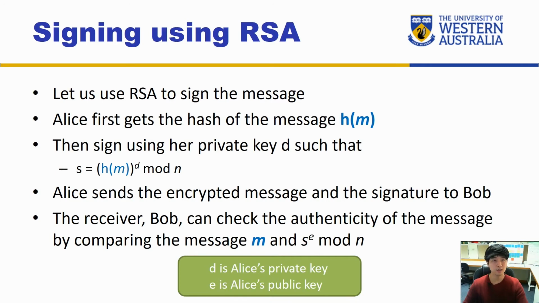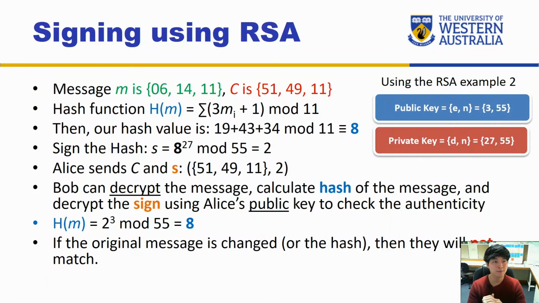So let's have a look at an actual example of doing this, okay? So let's say the message m is 6, 14, and 11. And by using Bob's credentials, the ciphertext C becomes 51, 49, and 11. But to encrypt this, you can use any other encryption standard.